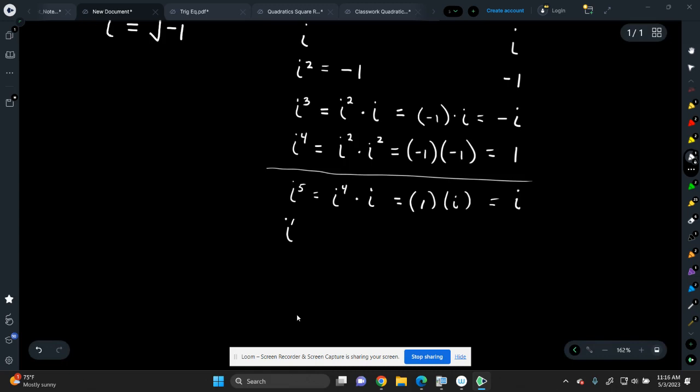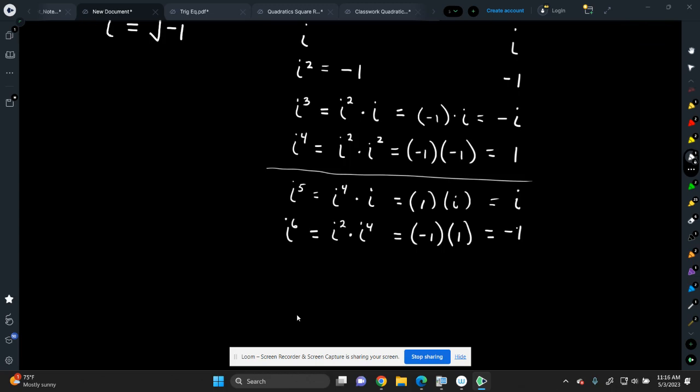How about i to the sixth? Let's write that as i squared times i to the fourth, right? 2 plus 4 is 6. And i squared is negative 1. i to the fourth, I just figured out, is positive 1. Negative 1 times positive 1 is negative 1.